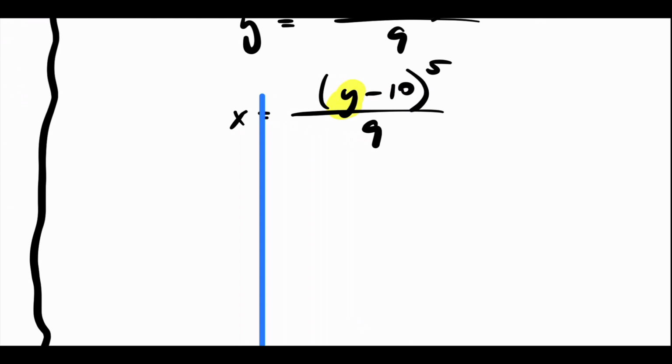What's the first thing? So I have a minus 10, a 5th power, and a divided by 9. Sorry, divided by 9. So the first one is, yeah, get rid of the fraction. Multiply by 9.